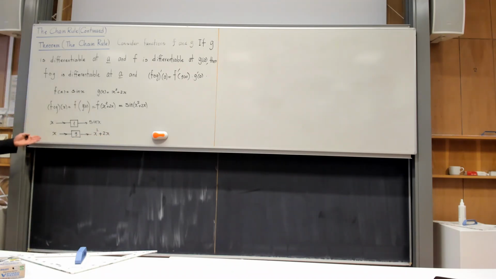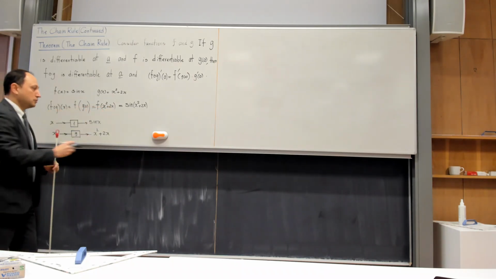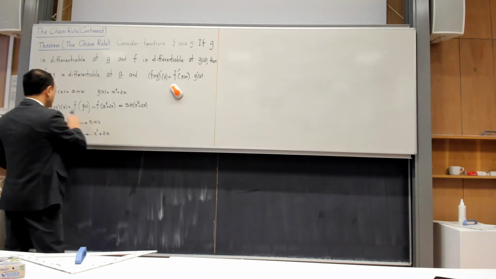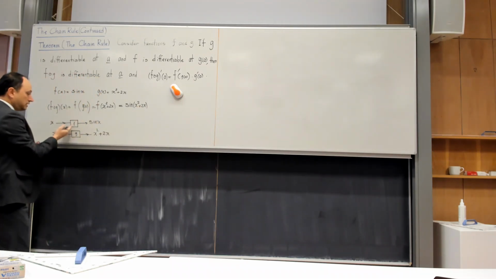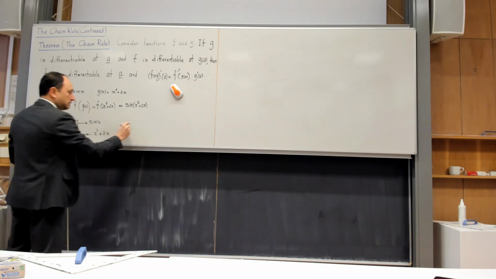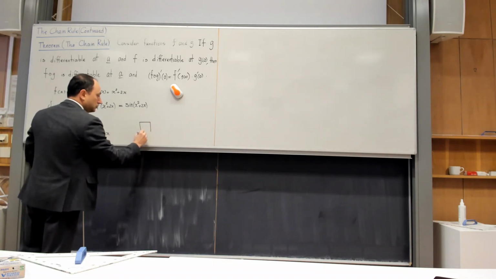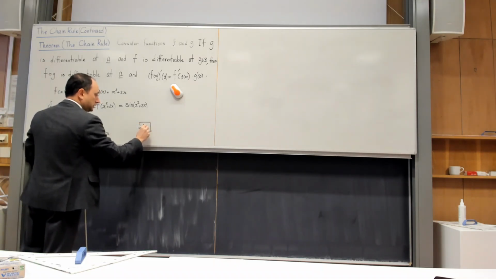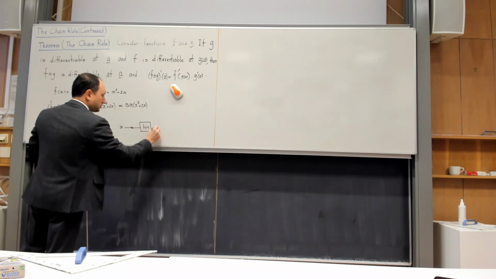Now you want to apply these functions one after the other. That is the meaning of composition. It depends which one you want to do first. If you want to do it in this way, this is the outcome that I get. So if you want to imagine f∘g, if I give you these machines, then f∘g is a new operator, so that when I send x in, what is the result coming out?